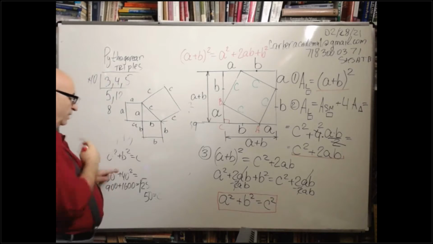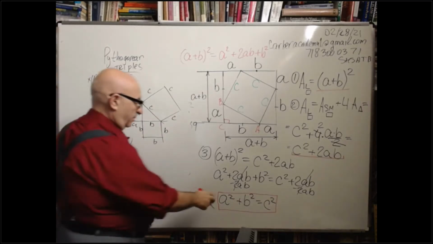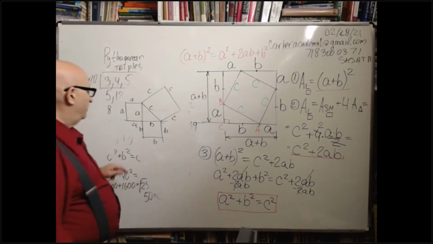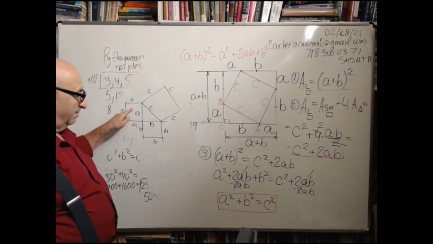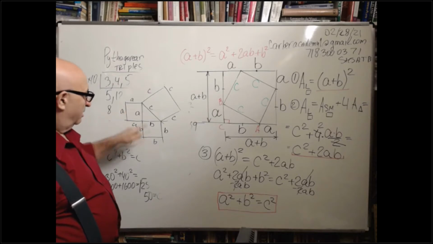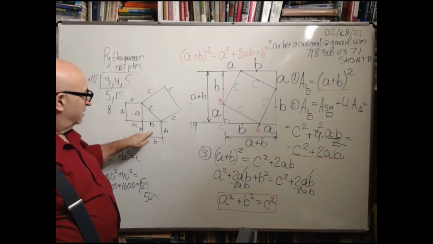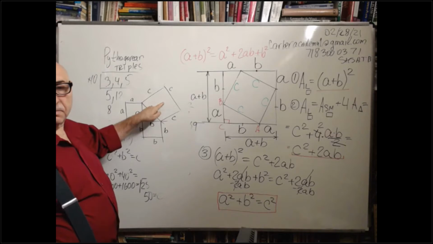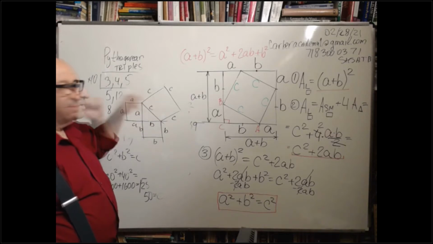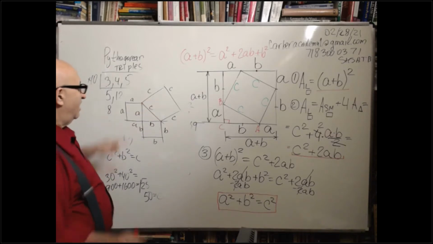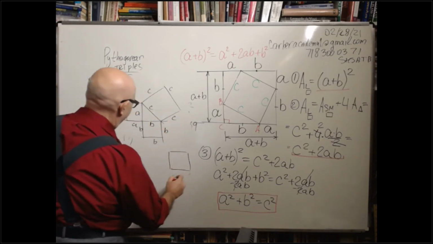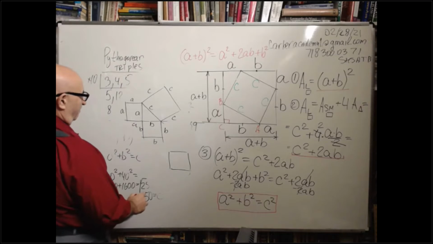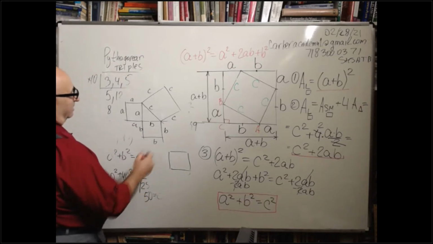And you roll this Pythagorean theorem. It shows that the area of this plus the area of this equals the area of this. If you put it back like this, it looks like pants.